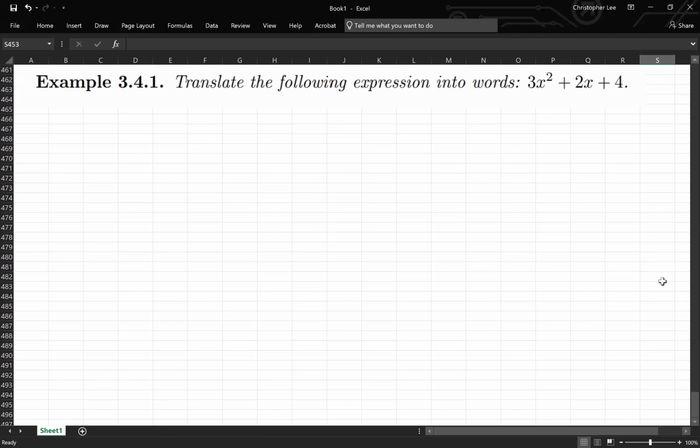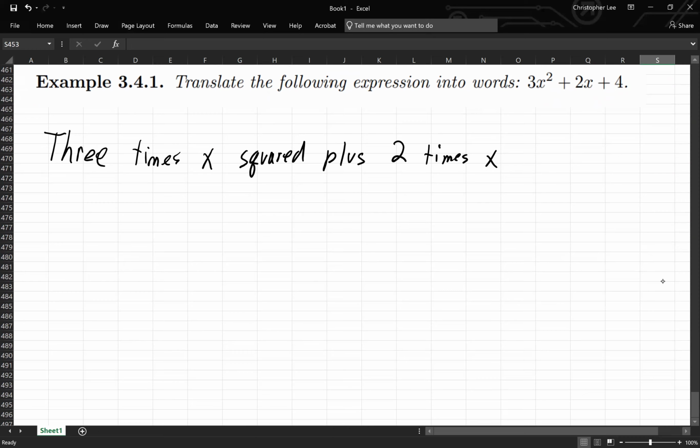So literally like this: 3 times x squared plus 2 times x plus 4.